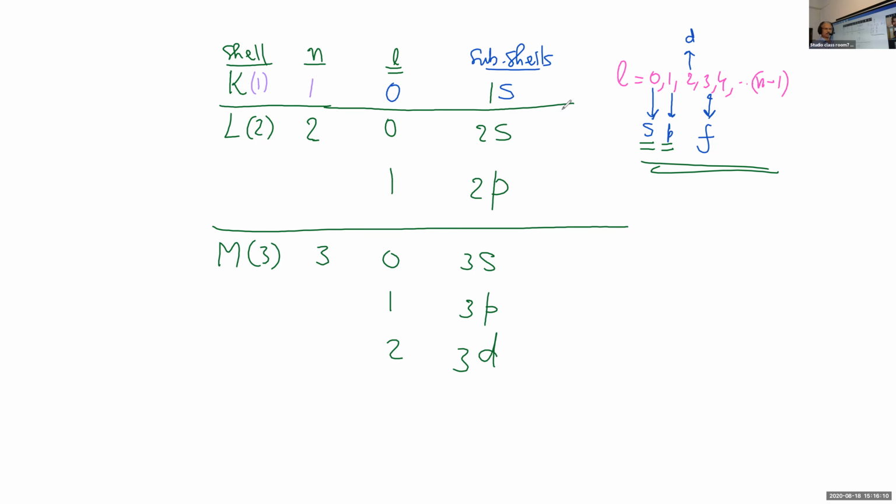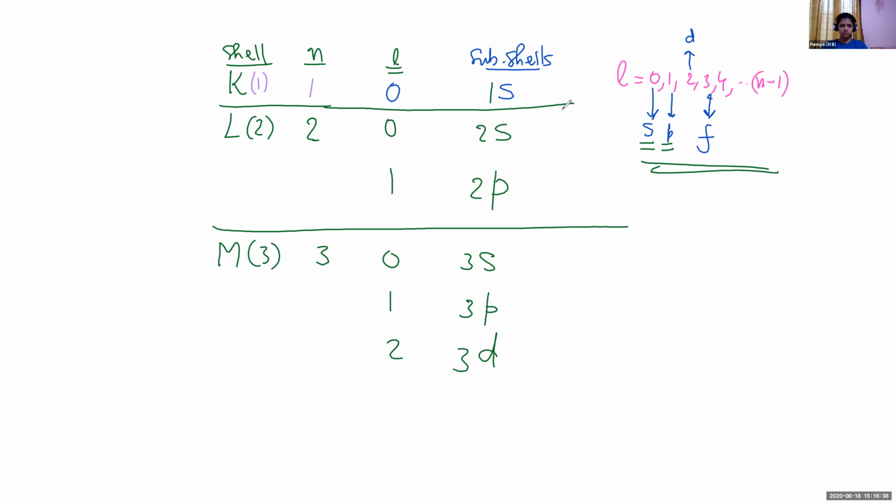Now you come to P. Which is the smallest possible P subshell? 2P onwards. 1P is not possible. 2P, 3P, 4P, 5P, etc. You come to D. The D level begins from which D onwards? 3D onwards.